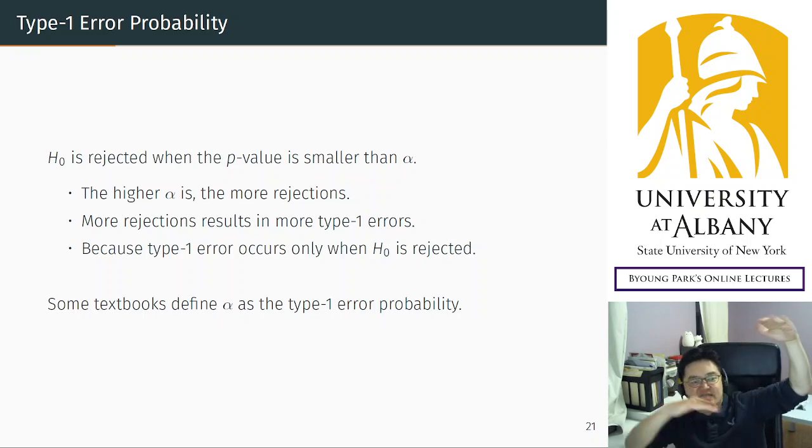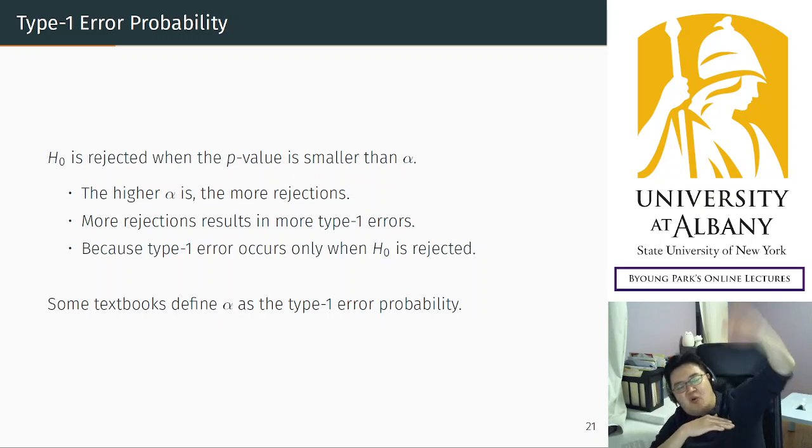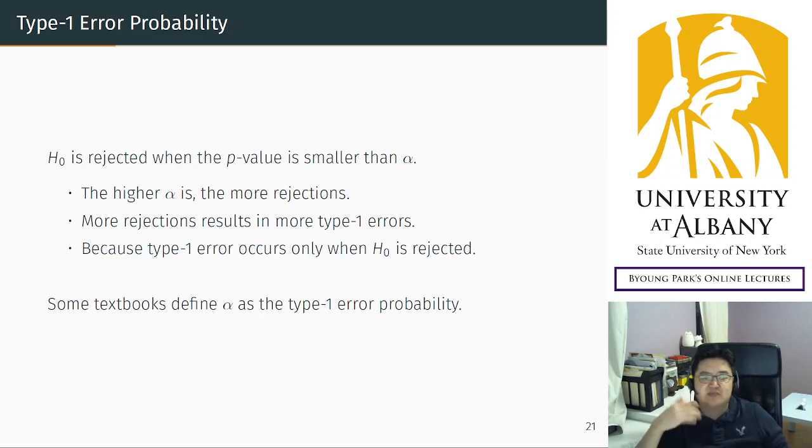And alpha is the percentage you are going to reject, right? So if you increase alpha, you are going to reject more on the top. 1% is like this, and then 5%, and then 10%. So higher alpha implies more rejections by construction.